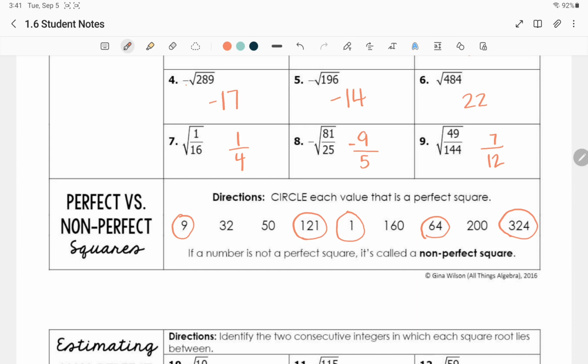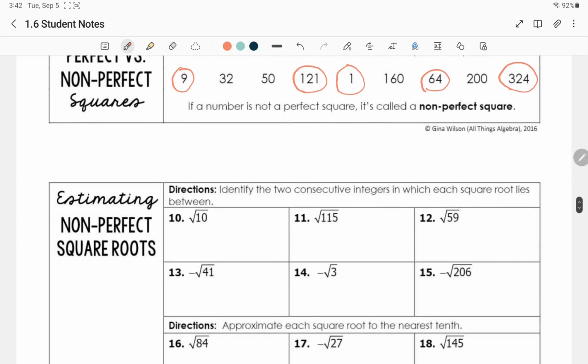Do I need to put it in my calculator? I do. Let's find out, because I want you to know. It is 18. 18 times 18 would give us a perfect square of 324.